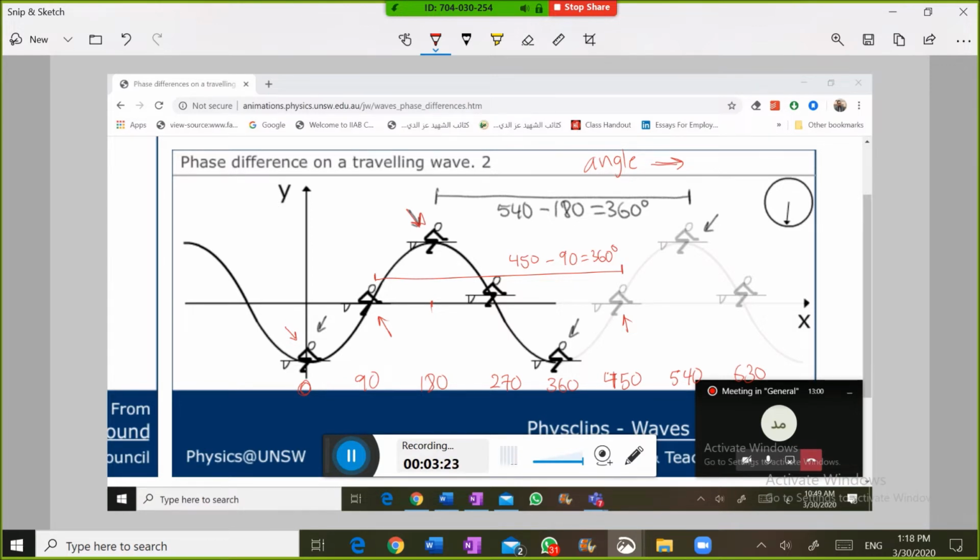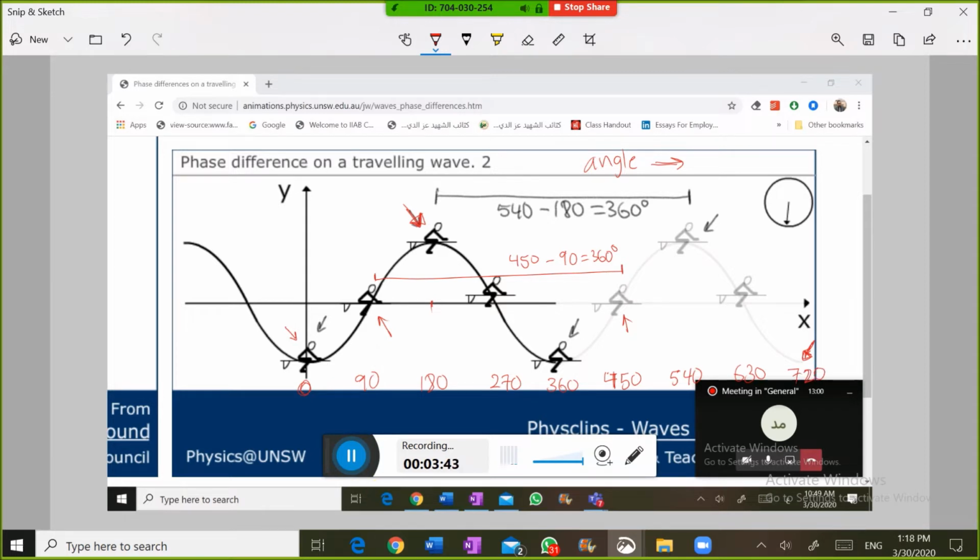Look, guys, if you consider this particle again with the particle here, these are also in anti-phase. That is 720, yes, 720.